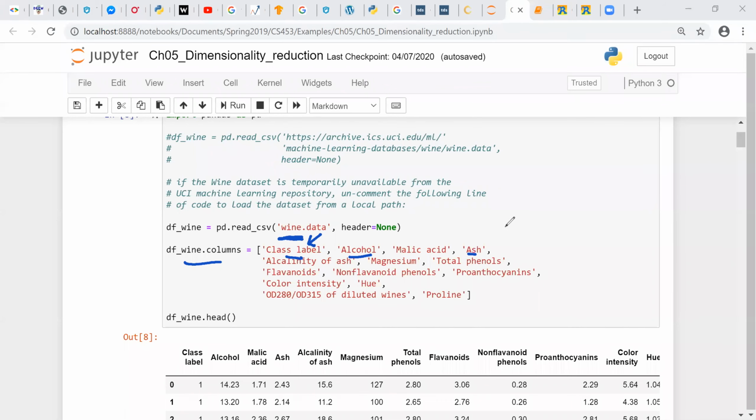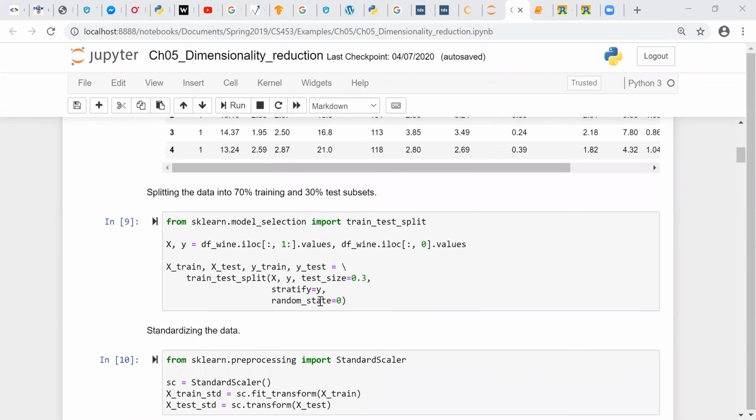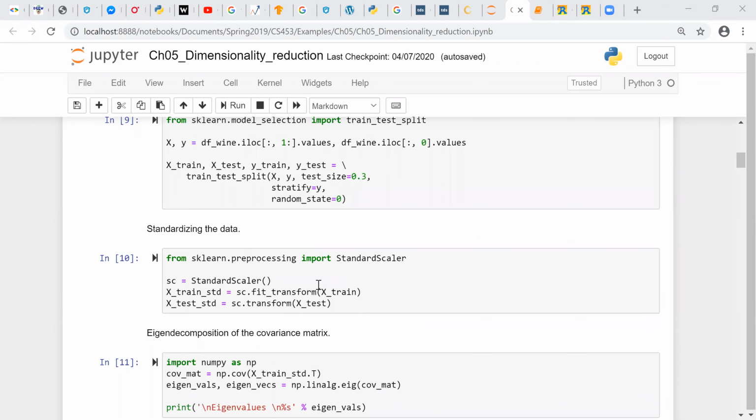I remember in the previous unit we also saw this example. So you're going to split the data, nothing new here. And remember that with PCA, you had better also apply the standard scaler.